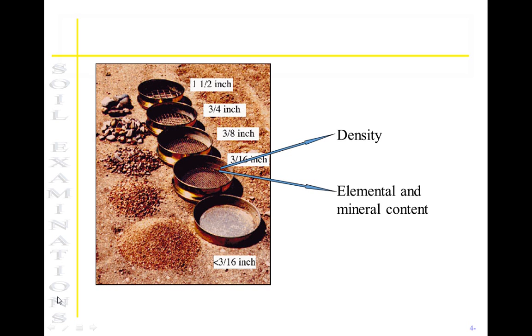Then they'll also use some of these portions to do further testing on, whether it be density testing or elemental testing and the mineral content of the soil itself. But initially, once that soil is sieved, they will look again at that overall texture and that overall color and do a little bit more notations specifically for each sieved section.